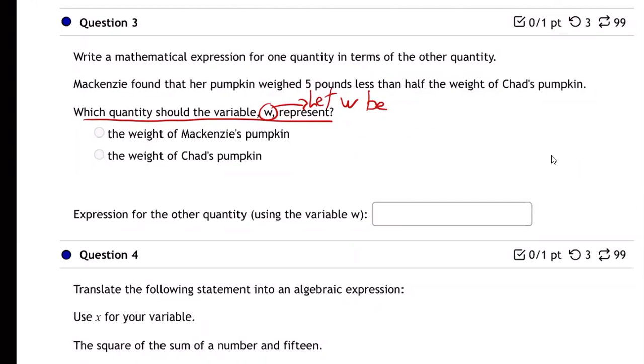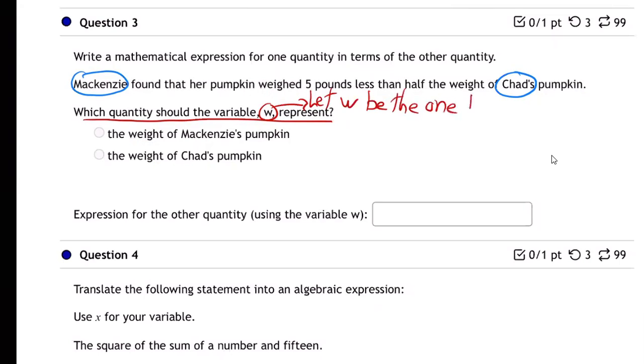My options are either Mackenzie's pumpkin or Chad's pumpkin. Which one should W be?